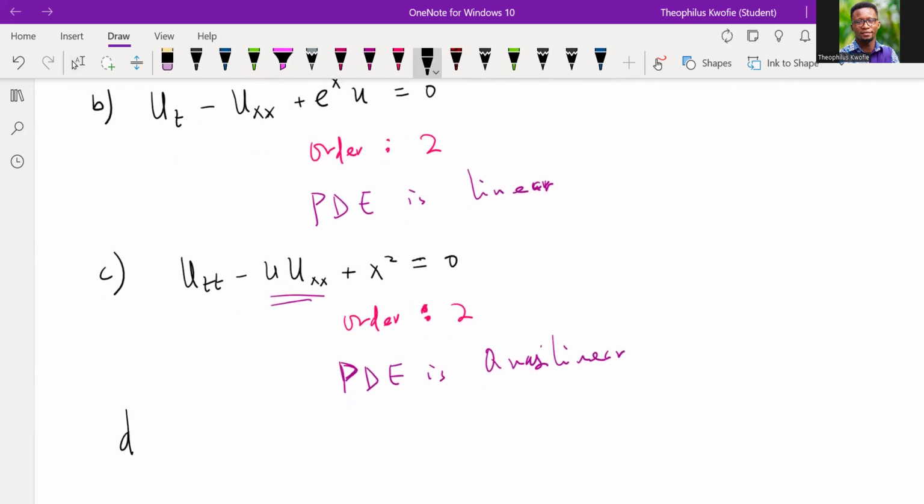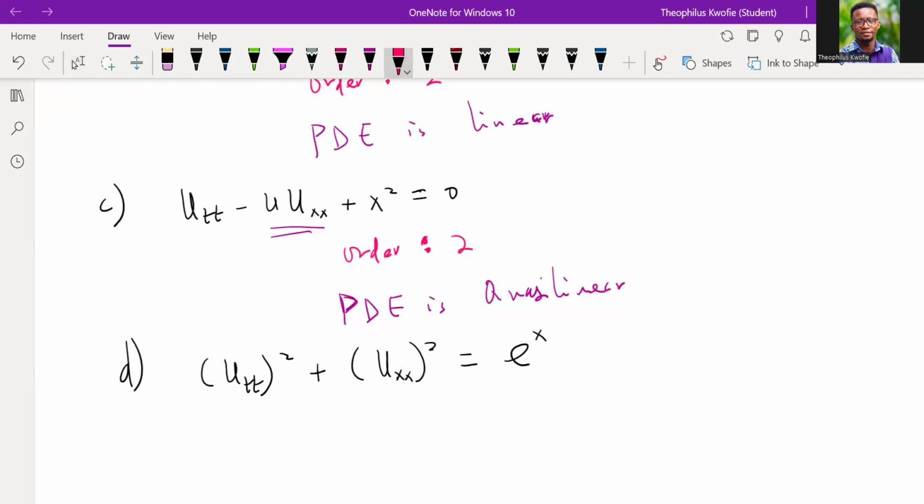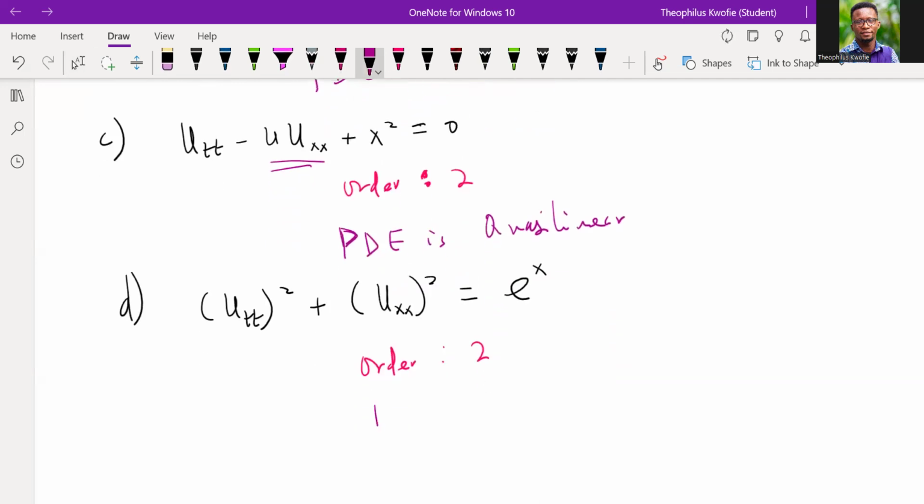What about the D part? So we have u_tt all squared plus u_xx all to the power 2 equal to e to the power x. What is the order of this? The order is 2. And what about the PDE? Is it linear or nonlinear?